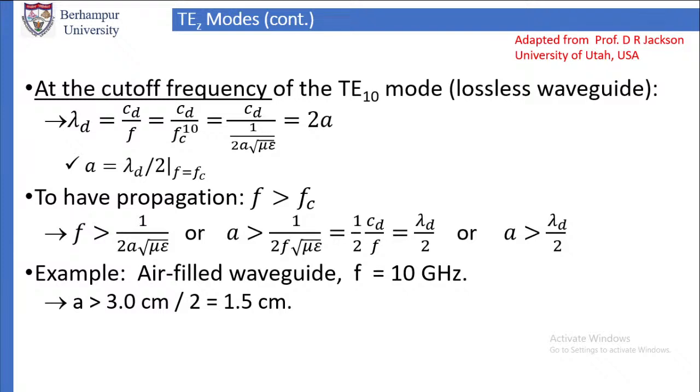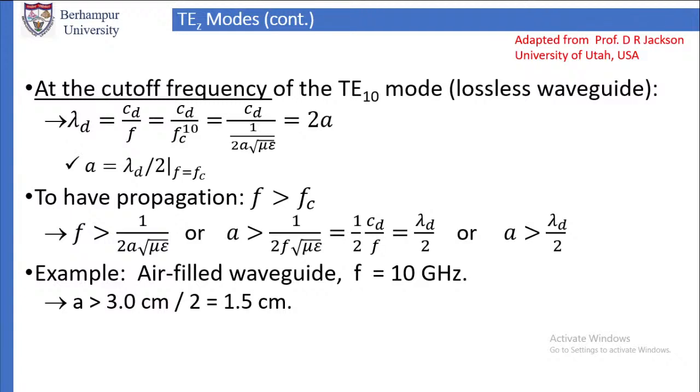The 1 by 2a root mu epsilon, when it is in the denominator, is the same as 2a root mu epsilon in the numerator. So that will give us 2a root mu epsilon into c_d.